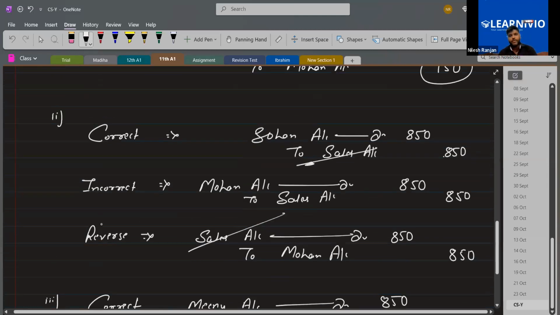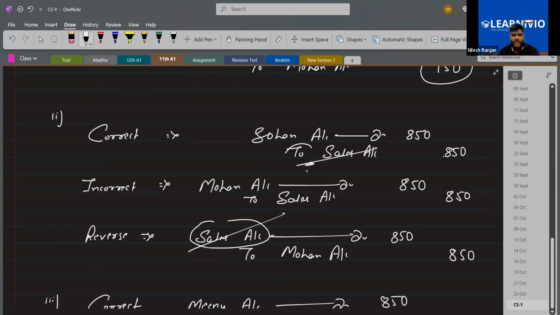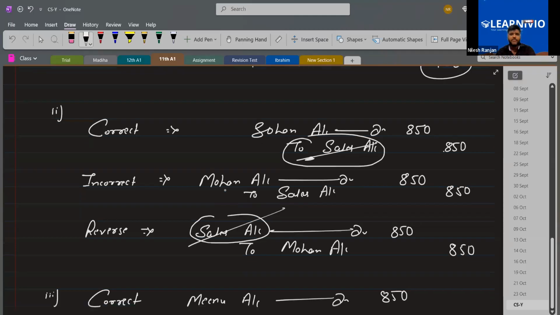In this case, sale is on the debit side and sale is on the credit side. Okay, we cancel like this only, plus minus. In one entry it is positive, on the debit or credit side, and in the second entry the opposite. That's why it is cancelled.